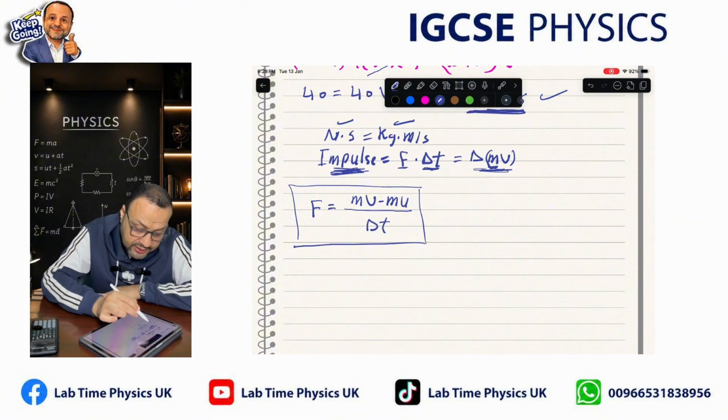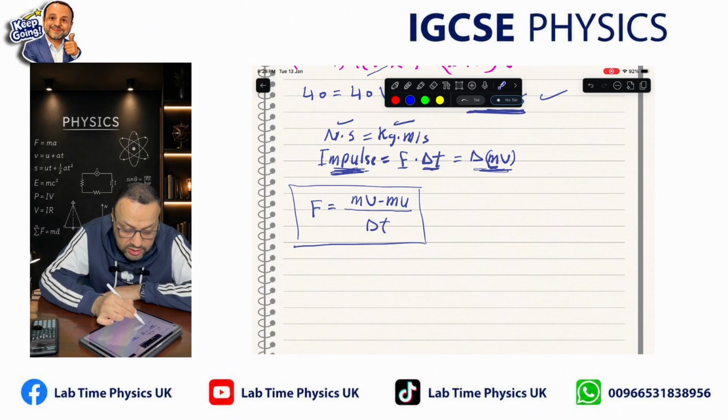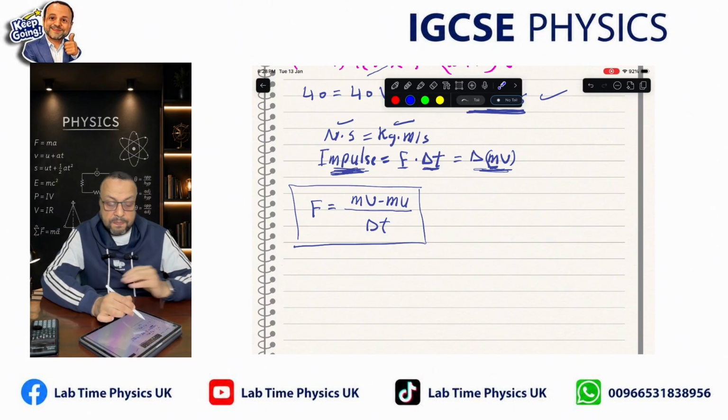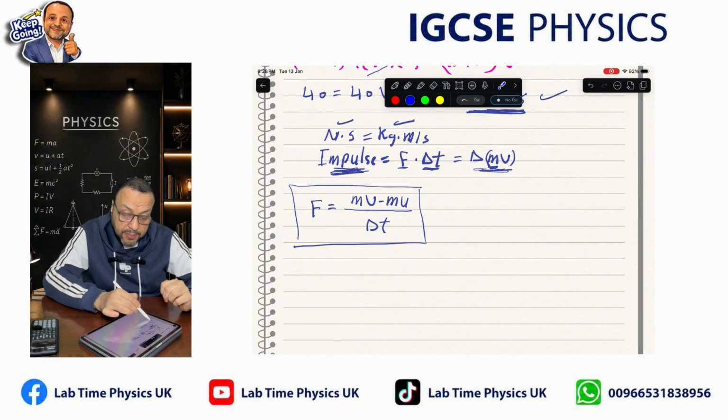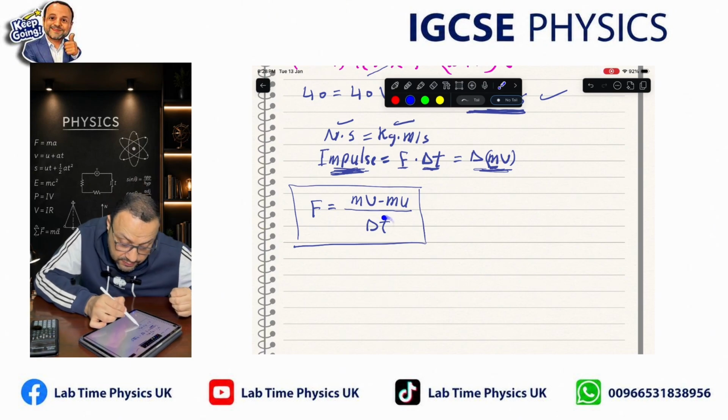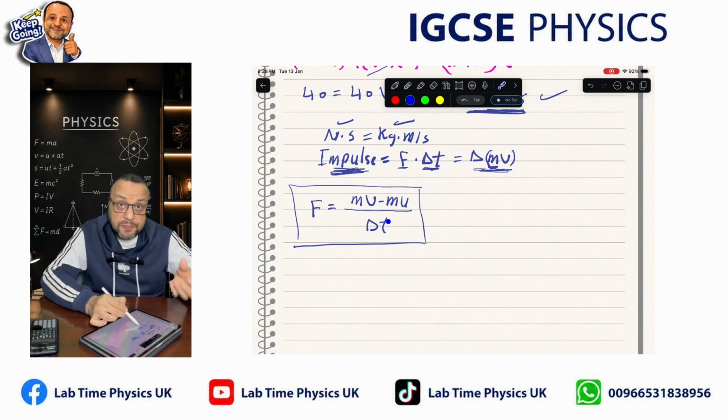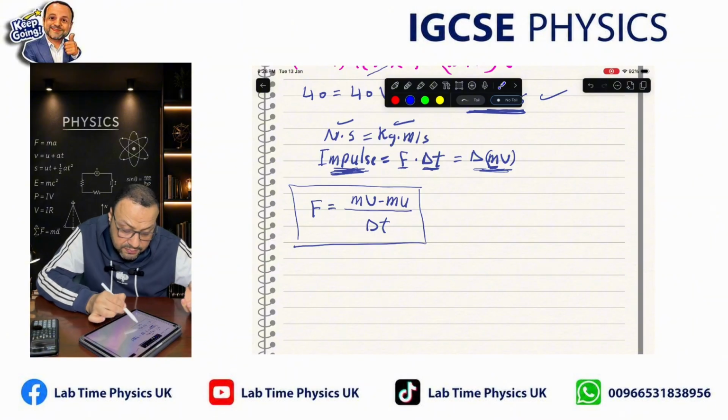So as I said, I can write F equal (mv minus mu) divided by delta T. This will be the force. Using this rule, I can mention the relation between the force and the time. Actually, force and time are inversely proportional.